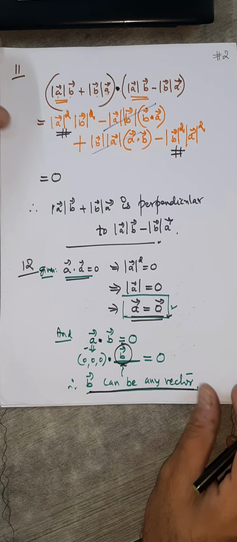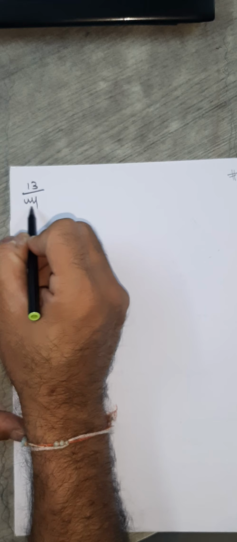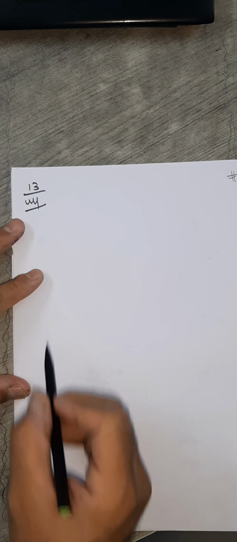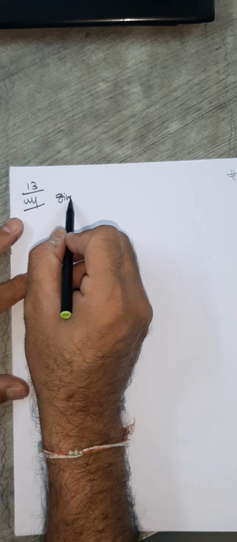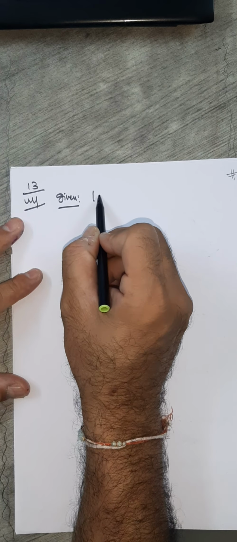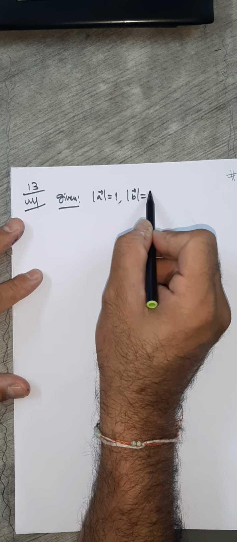Okay, question number 13, which is an important example here. 13 number, that's good example. What is given to you? Let me write that. You are given that these three vectors are unit vectors. So therefore their magnitude equals to 1. This is given to you.